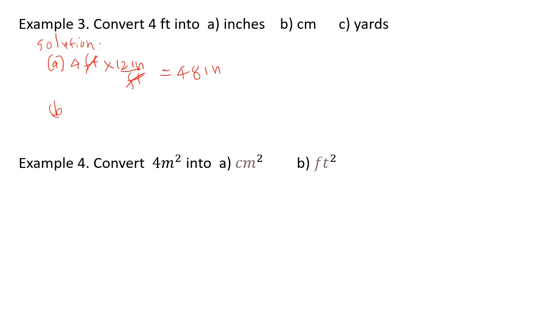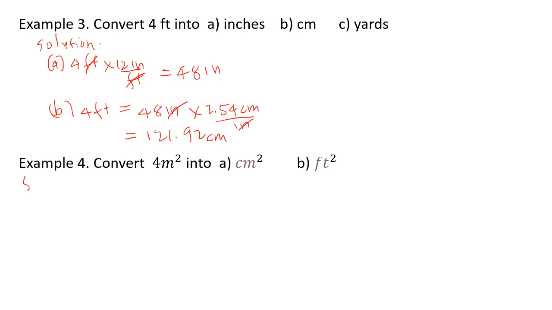So letter B, 4 feet equals 48 inches times 2.54 centimeter per inch. This one equals 121.92 centimeter. Cancel inches, so centimeter left.